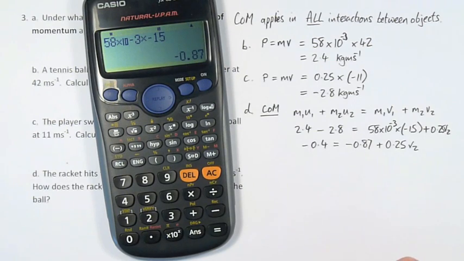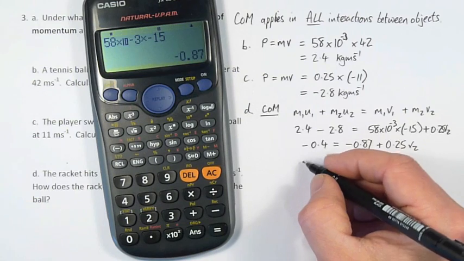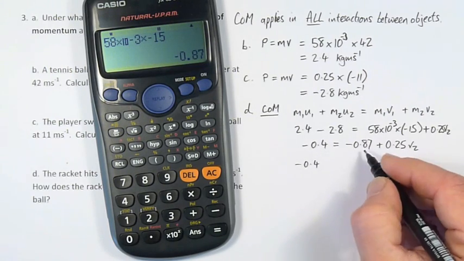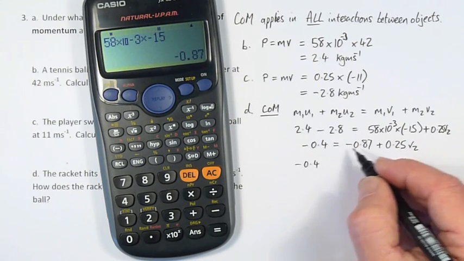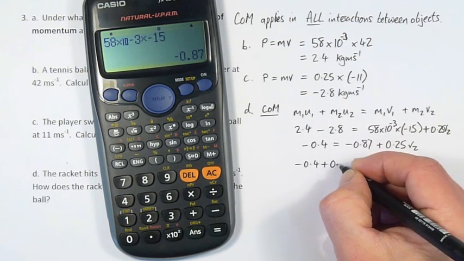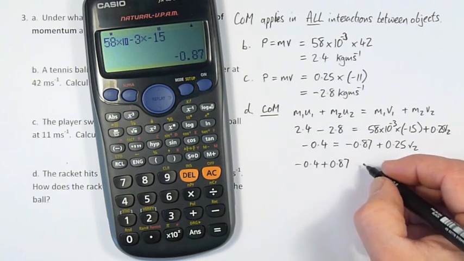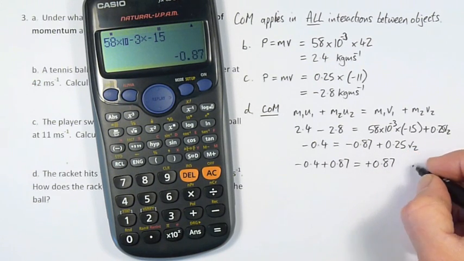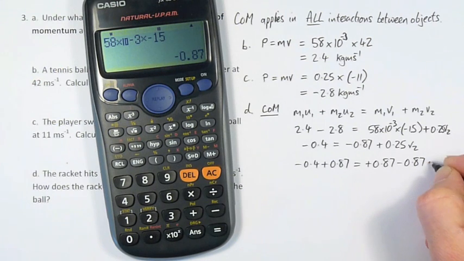I now need to move my numbers so that they're both on the same side. I have minus 0.4, and if I add 0.87 to both sides, so add 0.87 equals, so I'll add it to this side, and we already had minus 0.87 plus 0.25 v2.